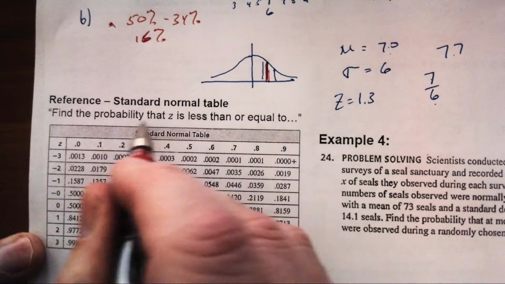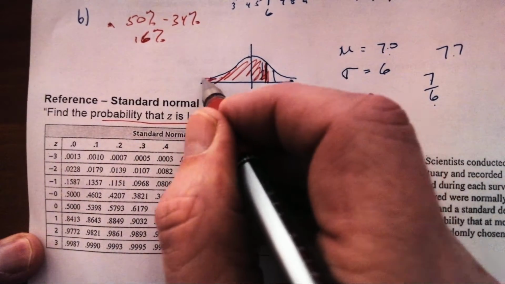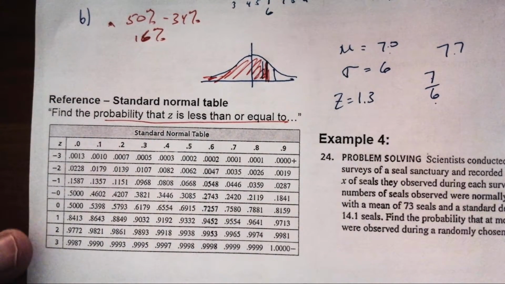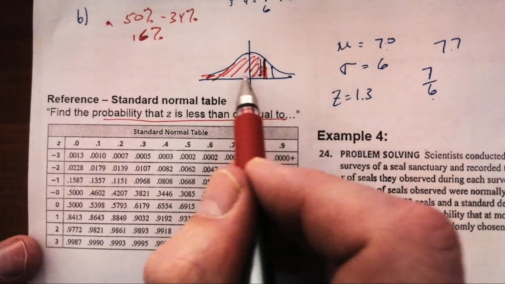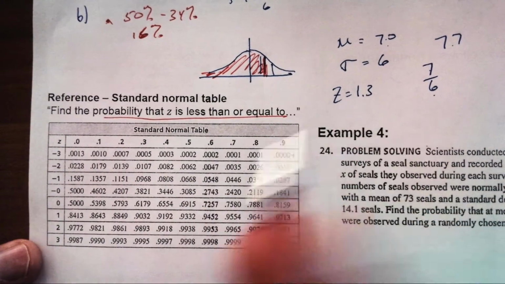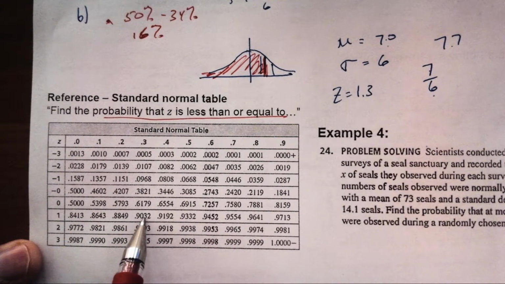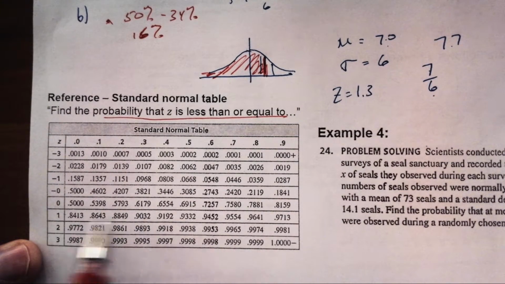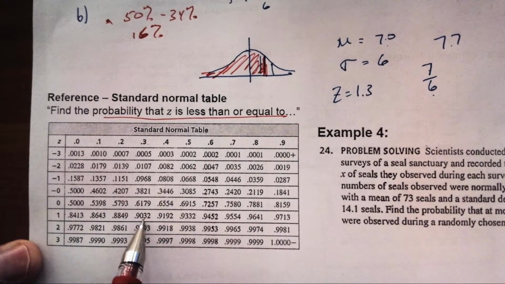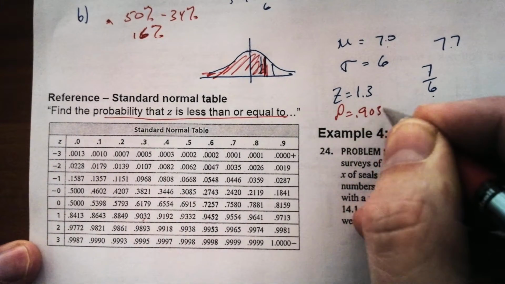This table will find the probability that z is less than 1.3, it will find this area under the curve if the curve has a total area of 1. So we just look up 1.3. That's 0.9032. So the probability equals 0.9032.